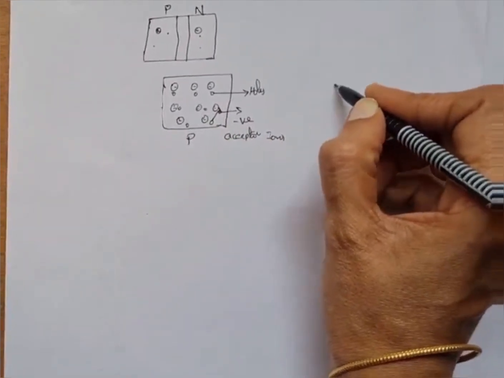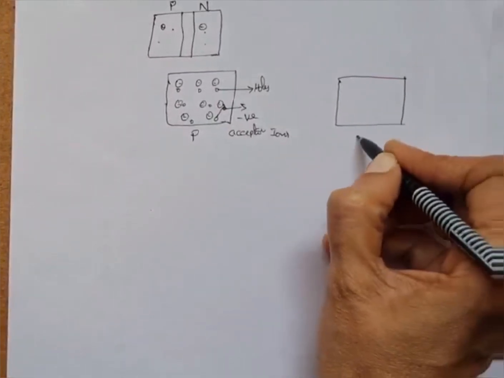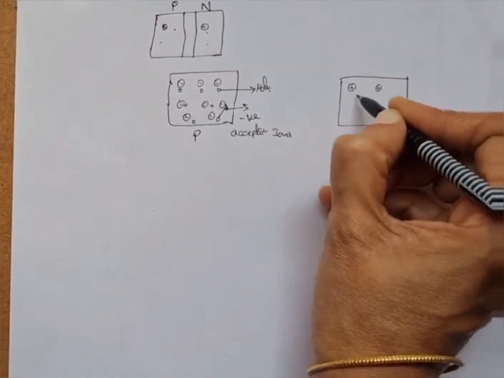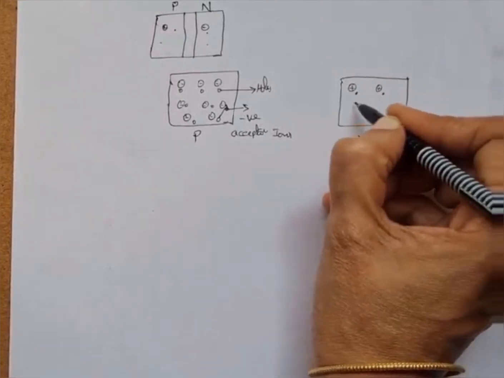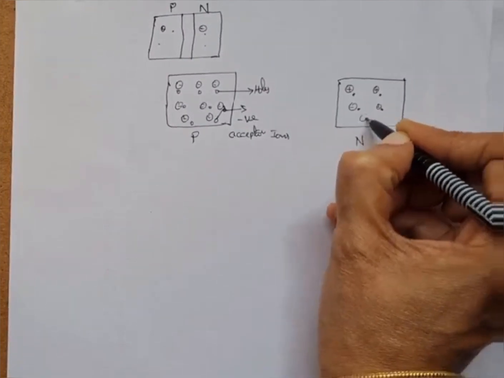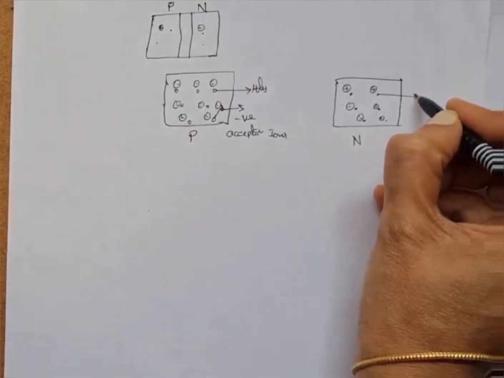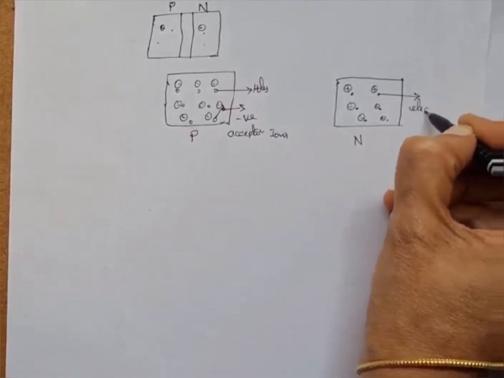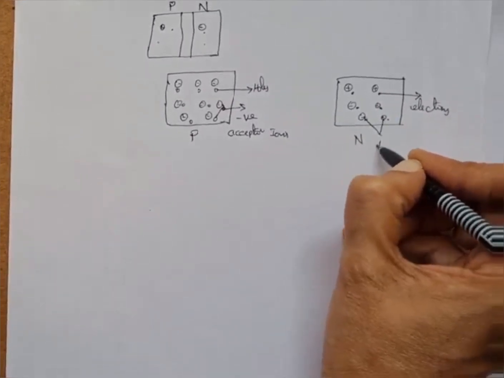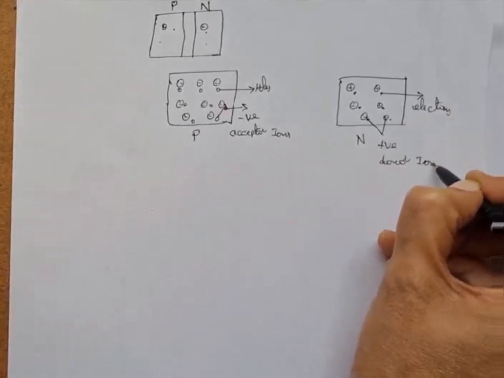The same is the case in n-type material. In p-type material we have holes, in n-type material we have electrons, and these are called electrons, and these are positive donor ions.